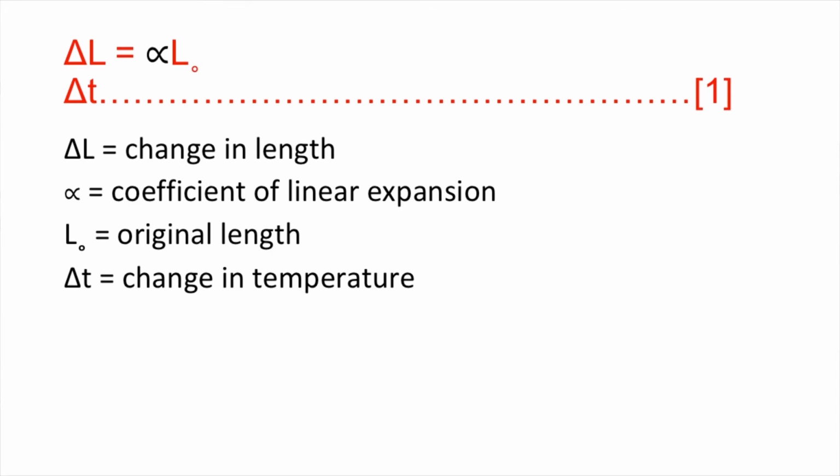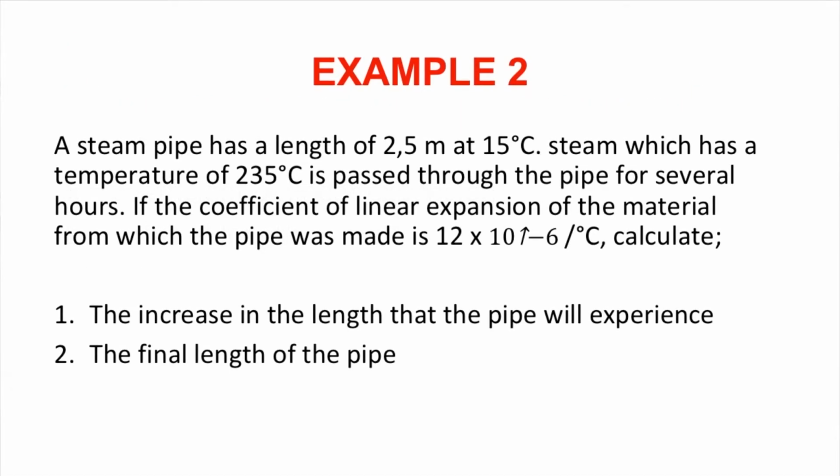That is the equation there, where delta T is the change in temperature, delta L is the change in length, alpha is the coefficient of linear expansion, and L0 is the original length, and so forth. Understand how to apply these formulas, more particularly when it comes to examples.